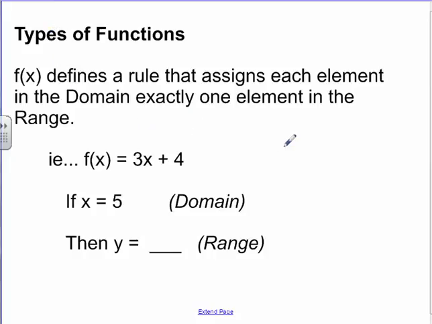Okay, more definitions. This is really a nomenclature kind of day, where we're giving you verbs and adjectives and nouns and words we use to describe stuff. So hopefully you know the word function. A function basically is a rule that assigns elements in the domain to the range, and there are so many ways that can be represented.